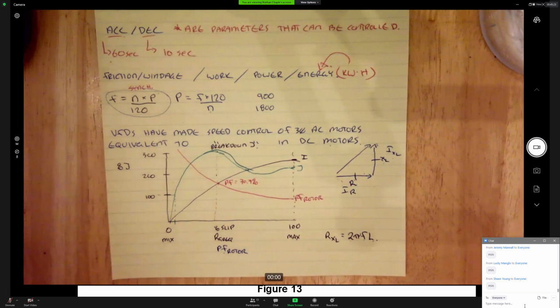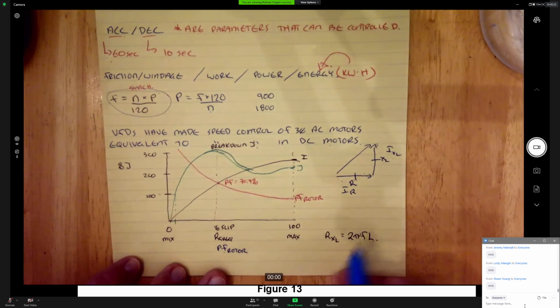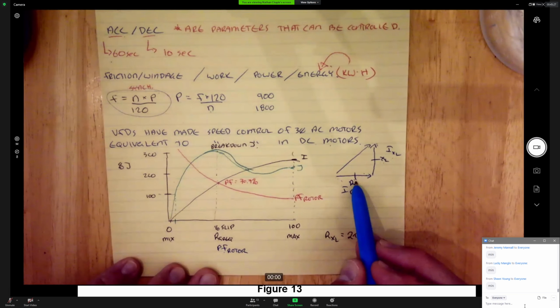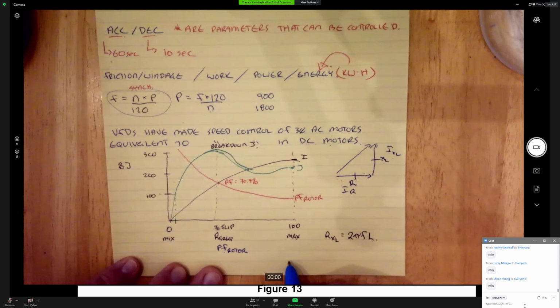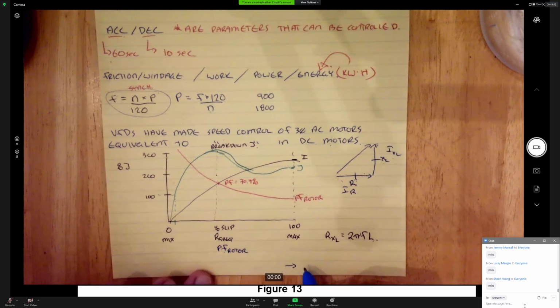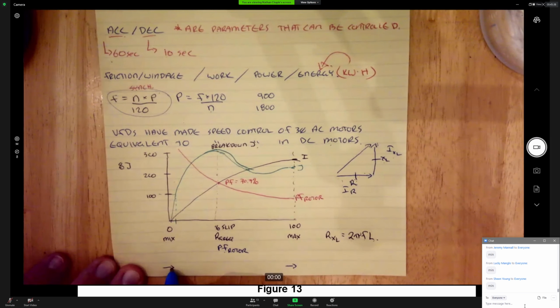So let's think about it this way. I already identified that the resistance, we keep it the same for our purposes. So resistance is fixed for both of these. Let's draw this out here.